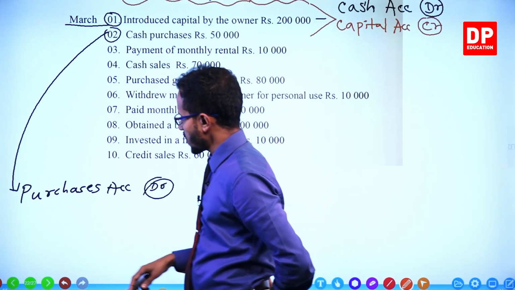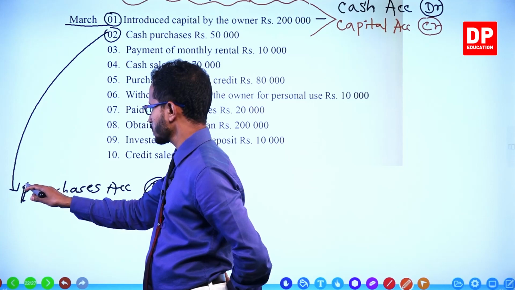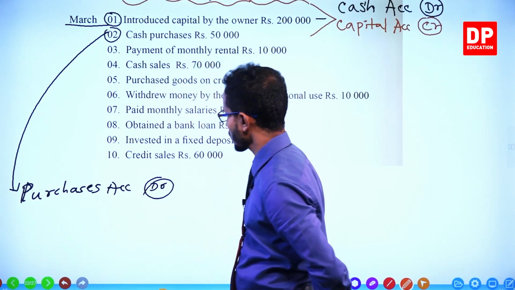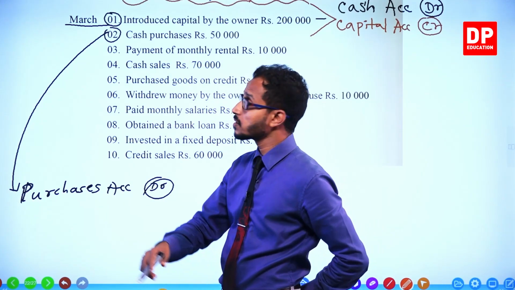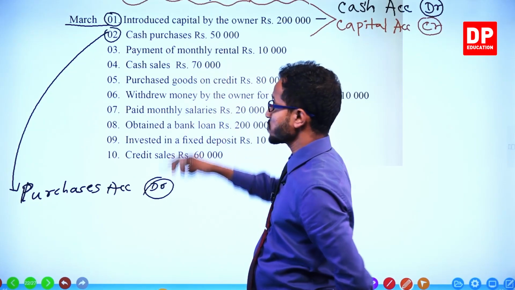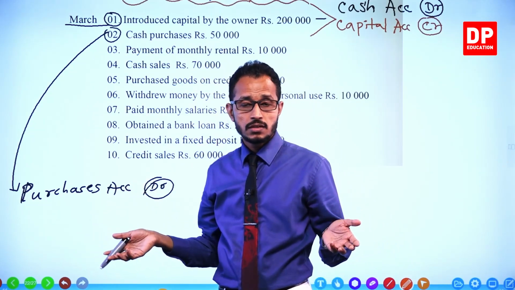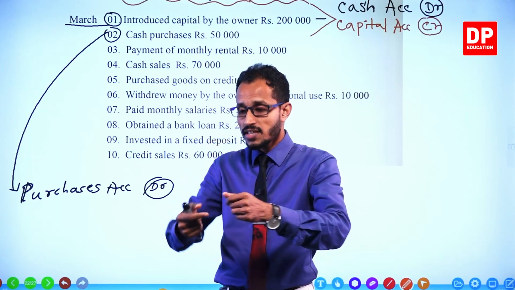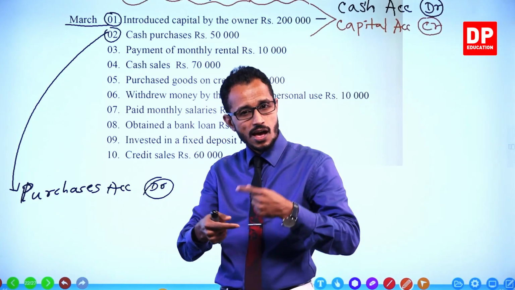Then which account should be credit? You are purchasing for cash, right? What happens to your cash? Cash should be paid out.